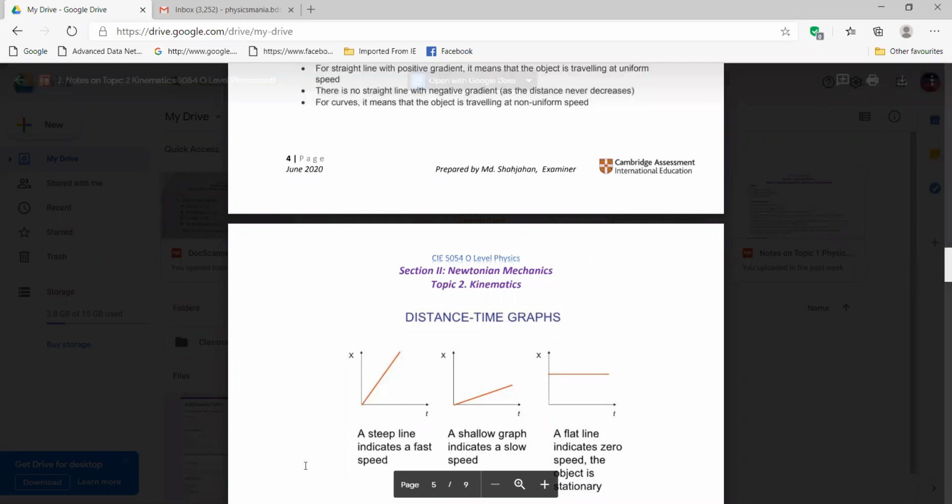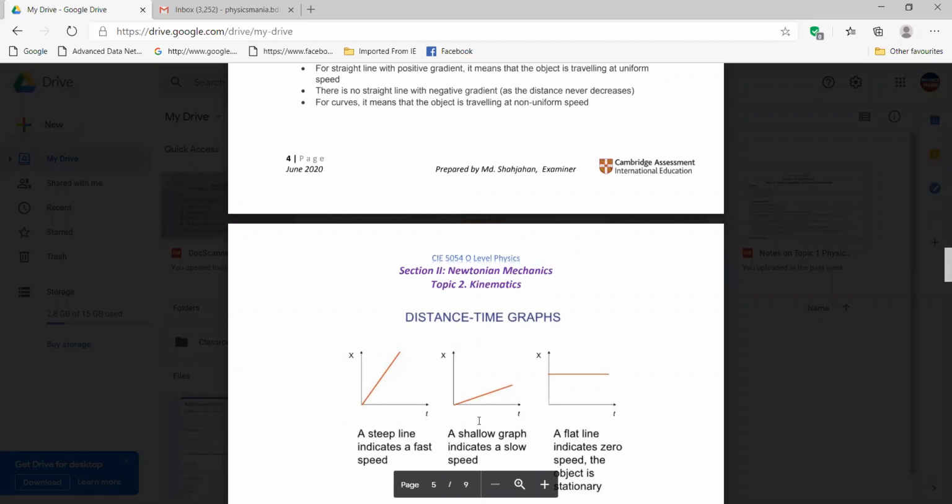Sir, in the first graph, the object is moving faster, and in the second one, the object is moving slower. Both are constant speed, but one has a greater constant speed, another one has a smaller constant speed.